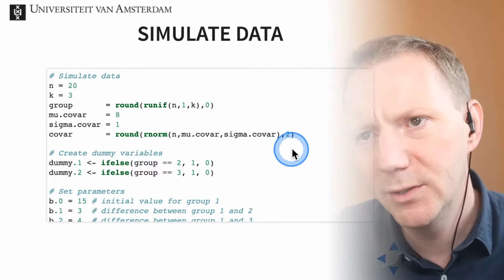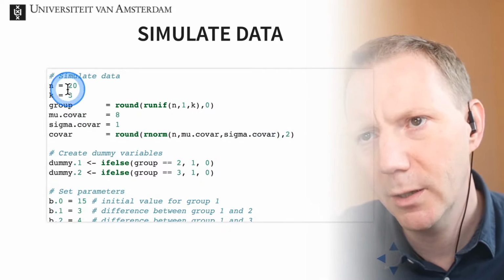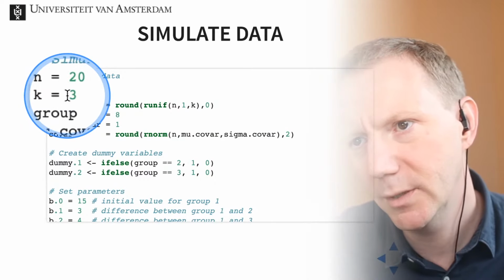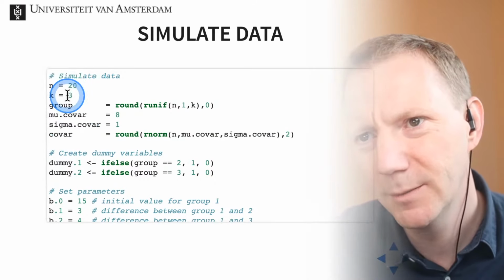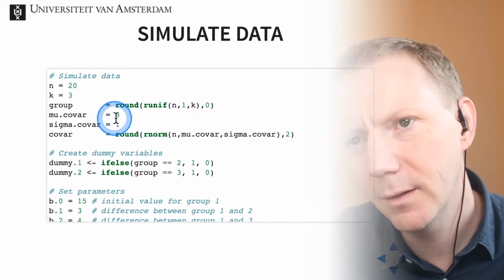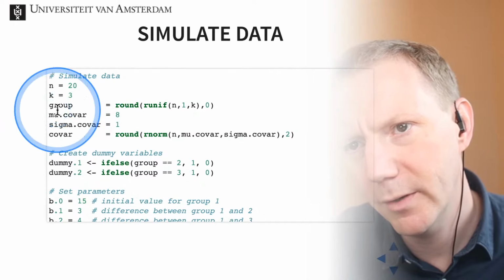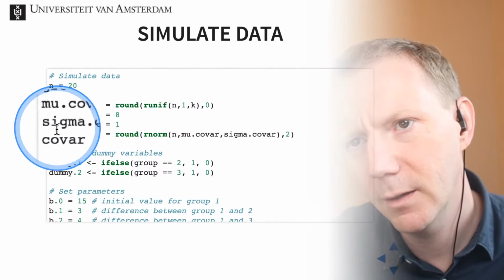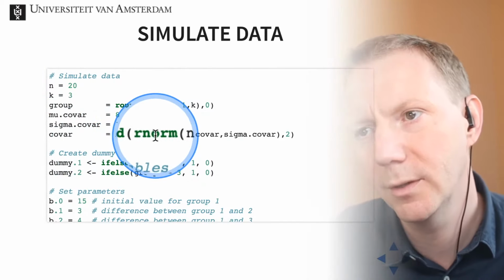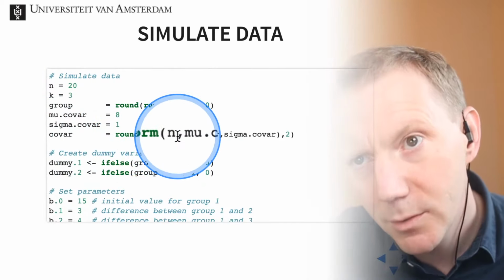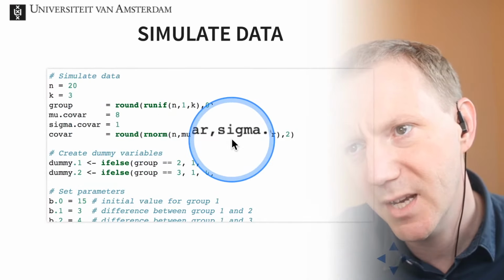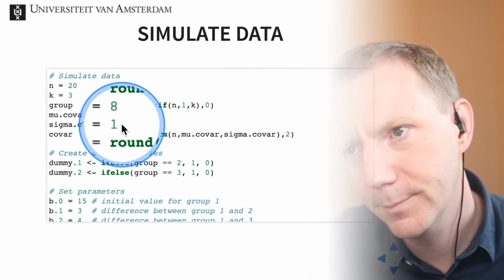So what I'm going to do here is we're going to have 20 people. We have three groups: the Dutch, the German, and the Belgian people, and we're going to have a covariate. That covariate is randomly normally distributed for 20 people with a mu of 8 and a sigma of 1.